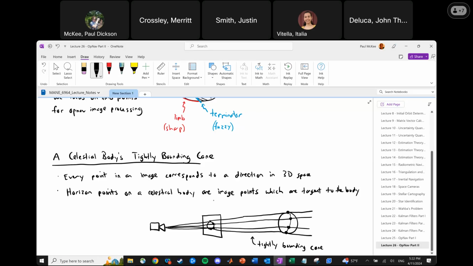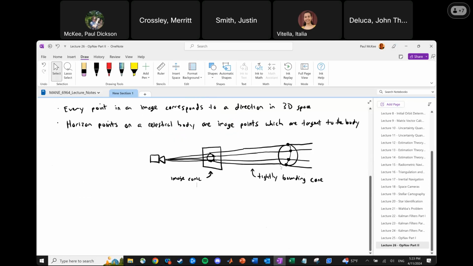When you slice the cone, you get an ellipse, and that is your image conic, or your image ellipse. So the visible ellipse in the image is really just what happens when you slice the cone at a certain location. The idea is that information about the conic in the image can be used to back out information about the tightly bounding cone, which, if you know the true size of the moon or Earth, would then give you information about your distance and your relative pose.